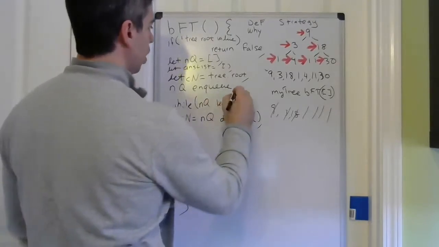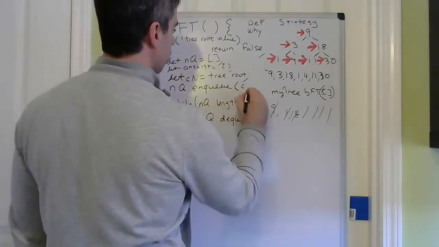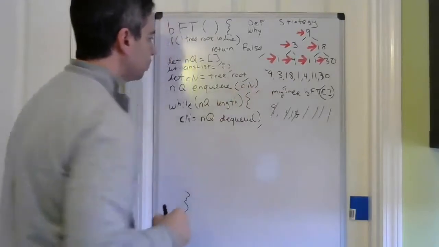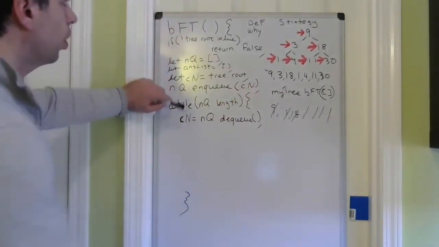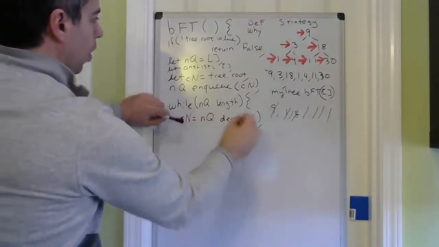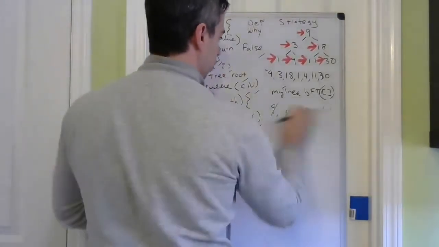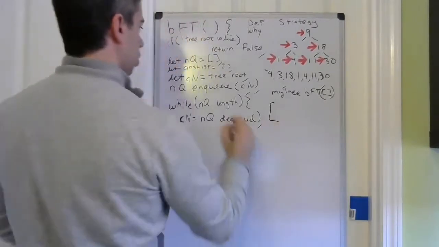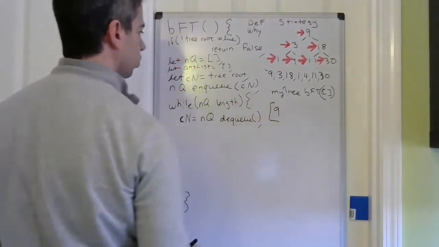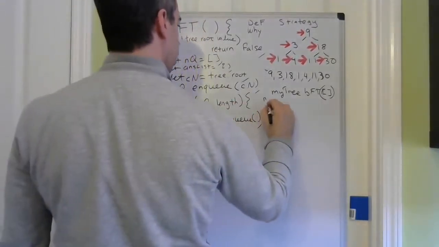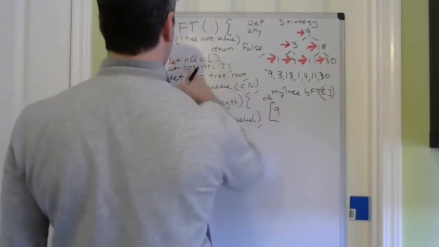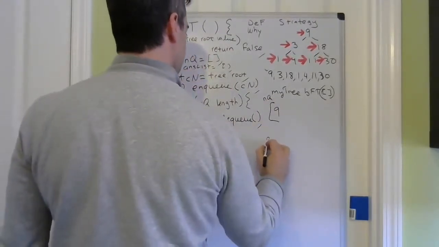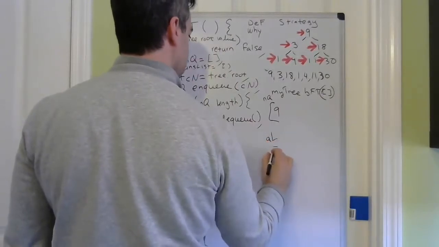So node q.nq, we're going to pass in the current node. Got a node. It's the 9. So this is the node queue, and then we'll have our answer list. I'm just going to look at it as AL, answer list.